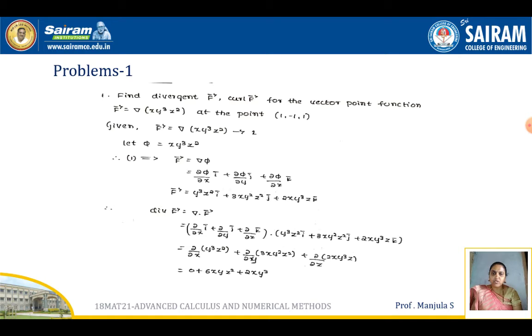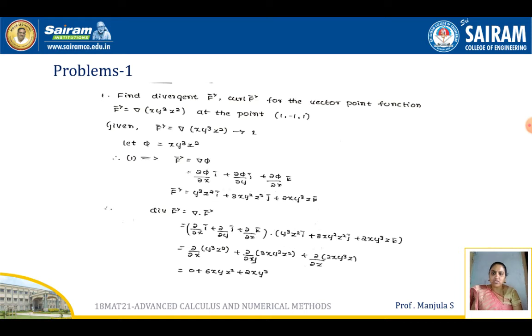After simplification we get vector f as y cube z square i cap plus 3 x y square z square j cap plus 2 x y cube z k cap. So now we have the vector f in terms of i, j, k.